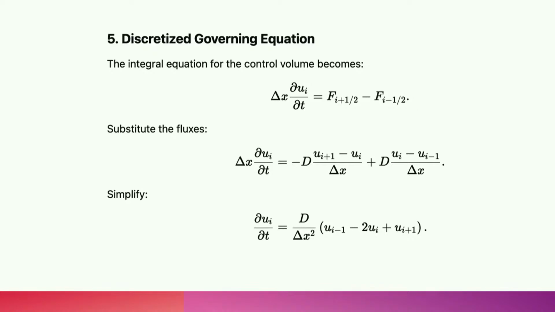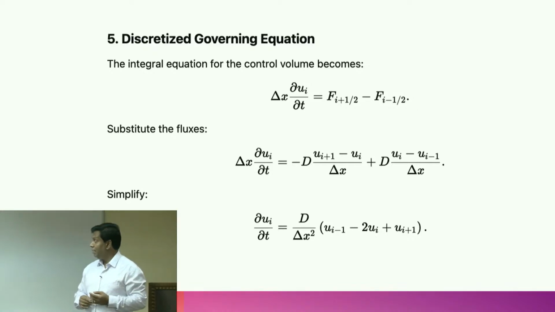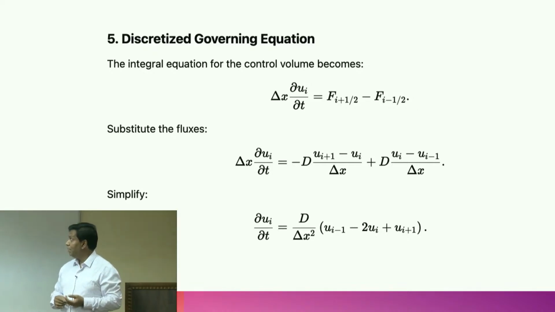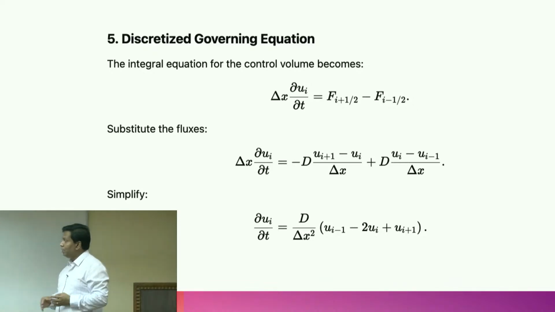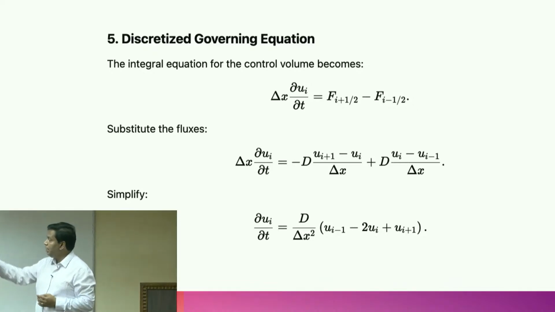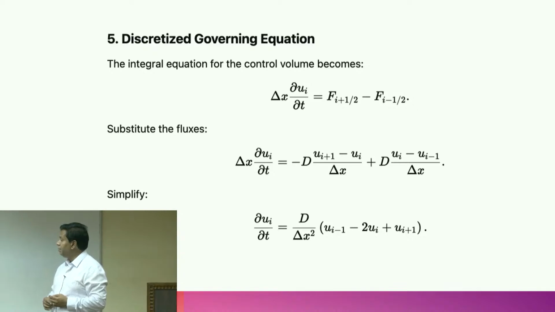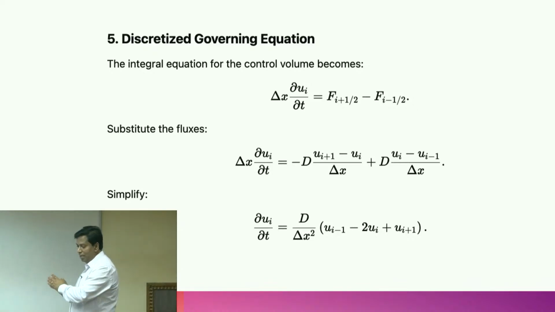Now if we substitute the values we just derived, F_{i+1/2} and F_{i-1/2}, and simplify by taking D divided by del x, we get u_{i-1} minus 2u_i plus u_{i+1}. This is the right side.